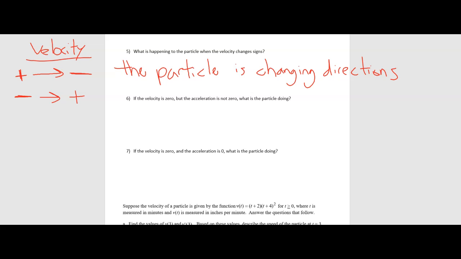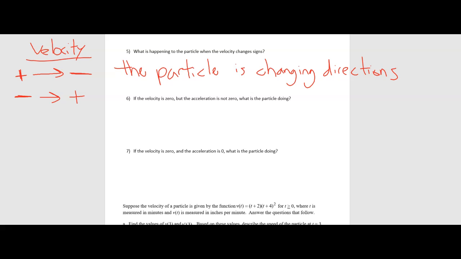If you're going 45 miles per hour and your acceleration is negative 9 miles per hour, after 5 hours you're going to be at a velocity of 0. You're going to be stopped. But if your acceleration stays negative, you're actually going to immediately go in the other direction.